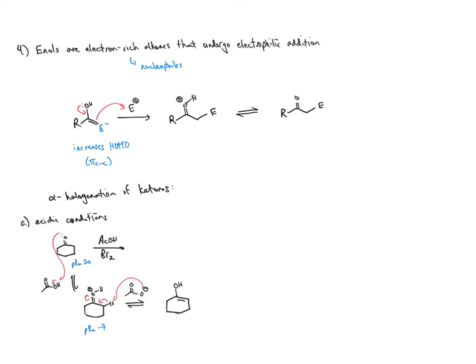Now this enol, we can think of this enol as being an electron-rich alkene. We know that alkenes react with bromine. The way this is going to react is not via a bromonium ion, but it's going to be sort of an electrophilic addition, where you've got now a new carbon-bromine bond.